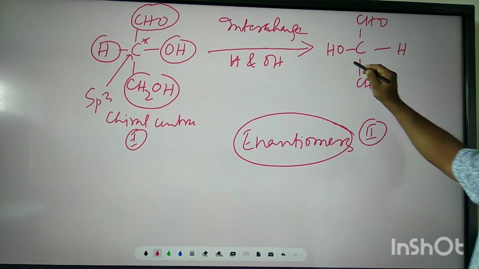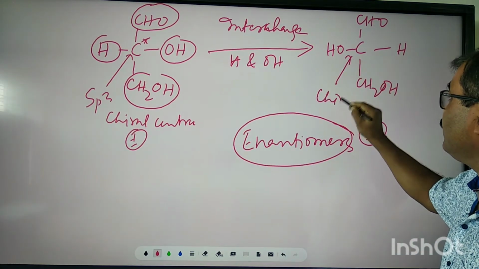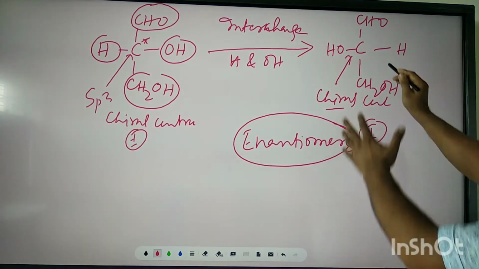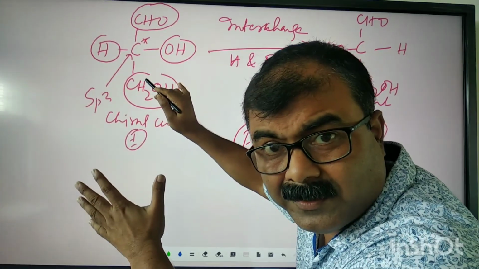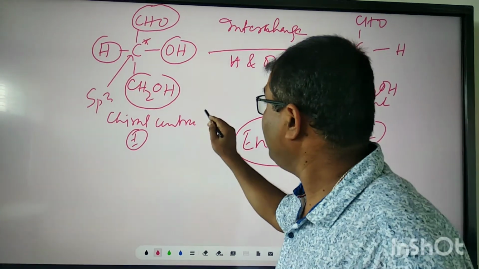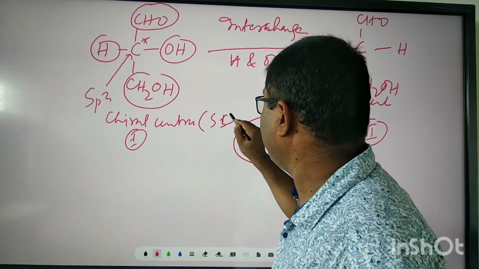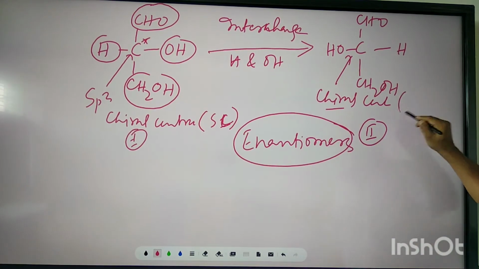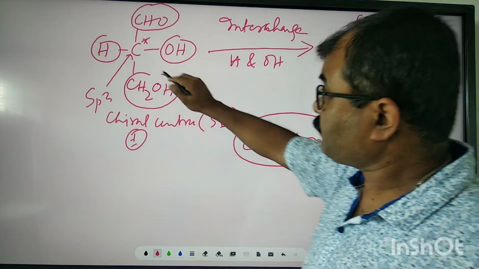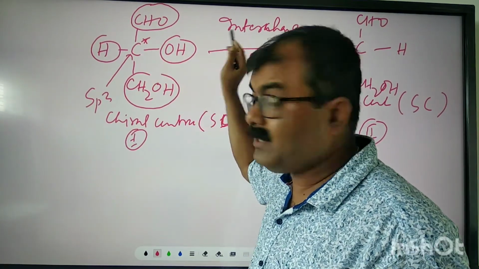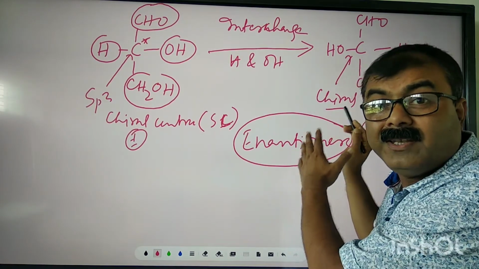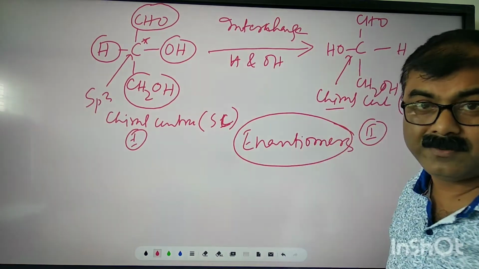Now, this is also a chiral center, fulfilling the condition of chiral center. But this chiral center, we can say stereocenter also, because after interchanging any two groups, this leads to formation of new stereoisomers.